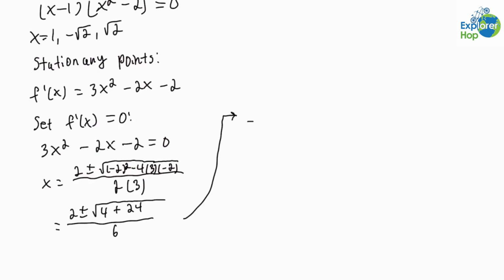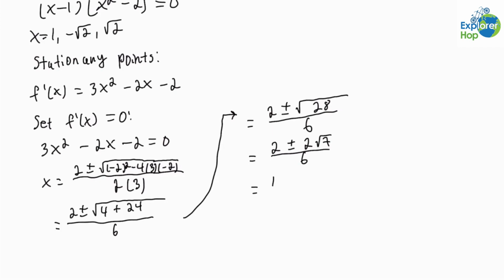And this is equal to 2 plus or minus the square root of 28 all over 6, which is equal to 2 plus or minus 2 root 7 over 6. And dividing the numerator and denominator by 2, we get that this is equal to 1 plus or minus the square root of 7 over 3.